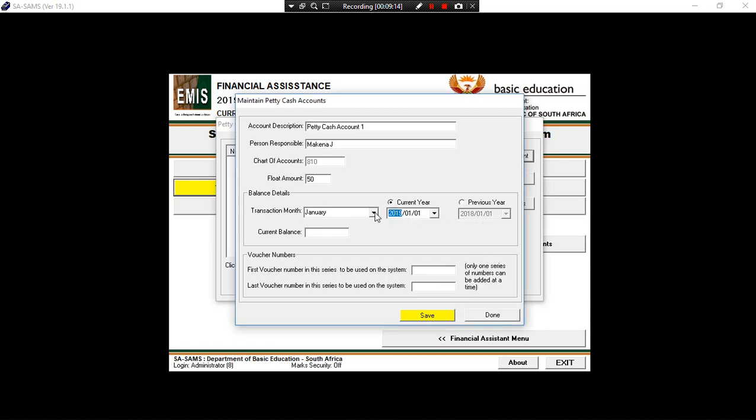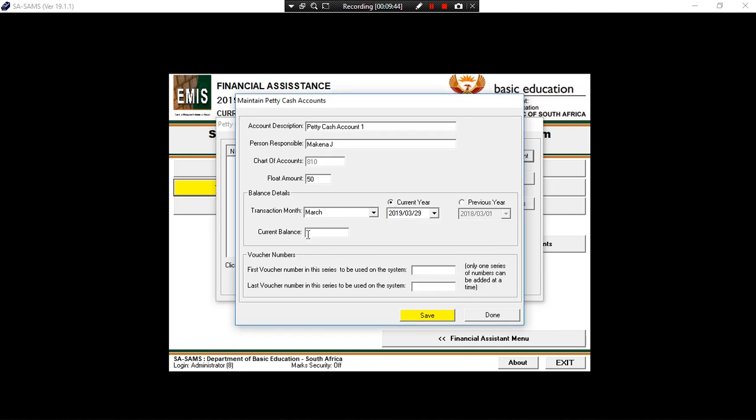So our transaction month would be, let us say, we were given money in March, since we are now in October. So we transacted money into the petty cash in the form of issuing a check. We got the money there. Then we put the money into our petty cash. So we put this money there on March the 29th.